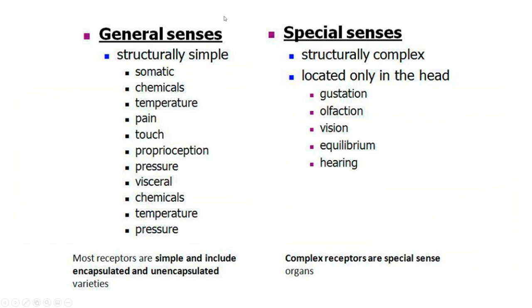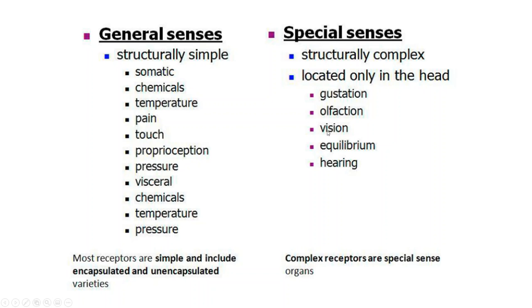All right, so now we can subdivide the senses also as general senses and special senses, just in two broad categories, okay, without doing too much subdivision here, if you will. So general and special. What are the special senses?